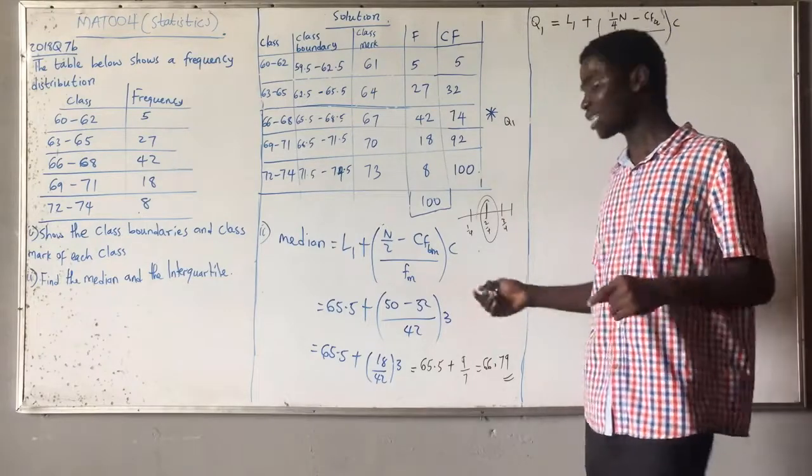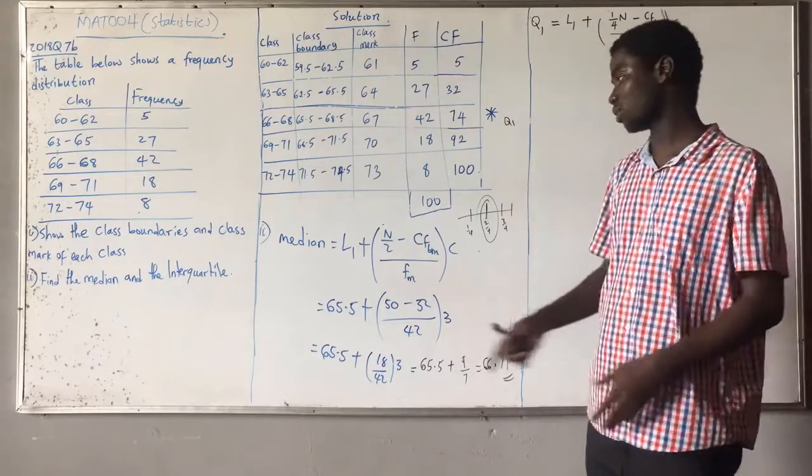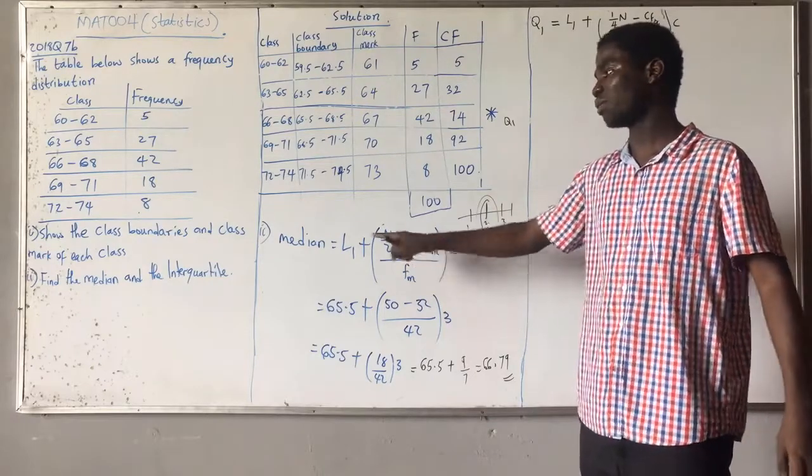Second quartile is 2 over 4, which is 1 over 2. That's why you have 1 over 2 for the median.